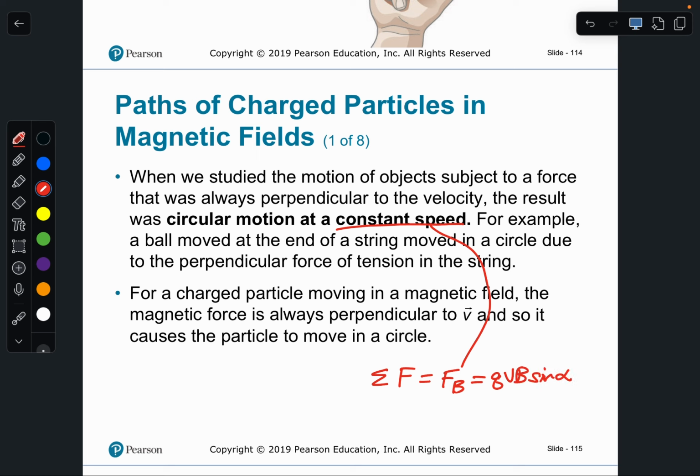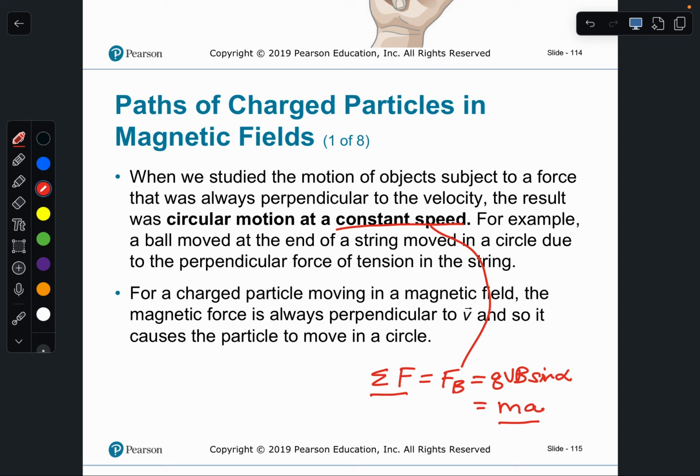So the force is constant, which means the acceleration is constant, because the sum of all the forces equals ma, where the sum of all the forces is just the one magnetic force. So if F is constant, A is constant. If A is constant, then, oh wait, hold on. No, then the velocity is not constant. If A is constant, the velocity is changing.